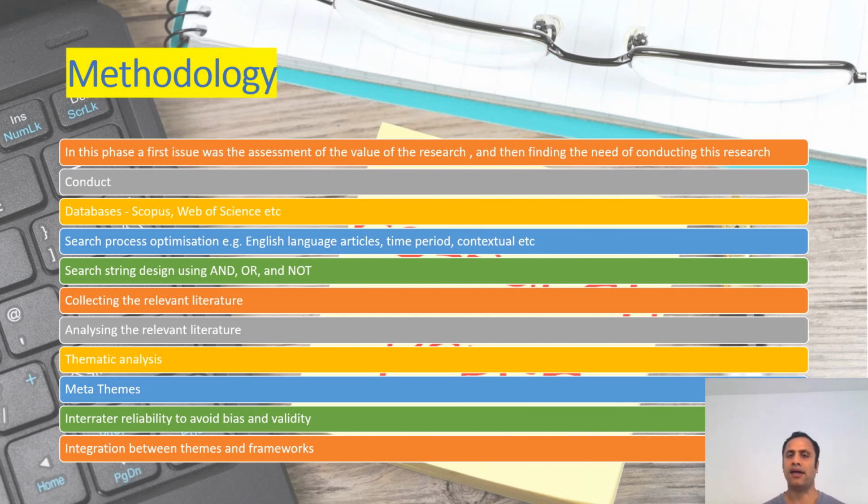Once these operators are used in different combinations in the database, like Scopus and Web of Science, you would get numerous articles, and you would collect those articles which are relevant for your research by observing the inclusion and exclusion criteria. Inclusion criteria means those articles which you are going to include in your study, and exclusion criteria means those articles which may not form a part of the study.